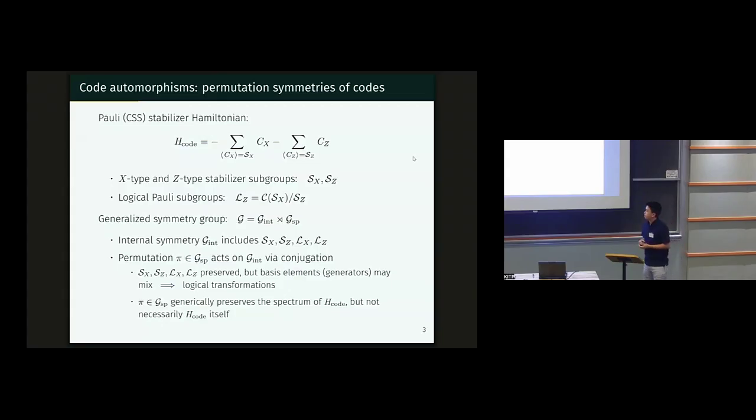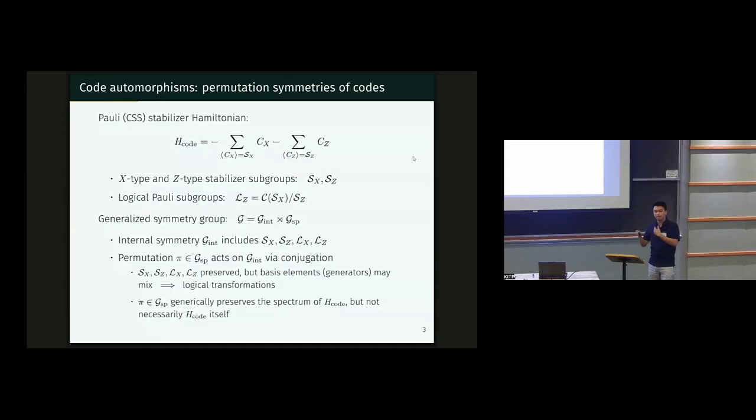More generally, we also have spatial symmetry, which in the toric code would include translation symmetry, but in general is some permutation of the coordinates. The most general form is that this permutation, the spatial symmetry, can act on your internal symmetries by biconjugation. For a CSS code, this means your stabilizer and logical groups are preserved, but the elements inside each group can be mixed.